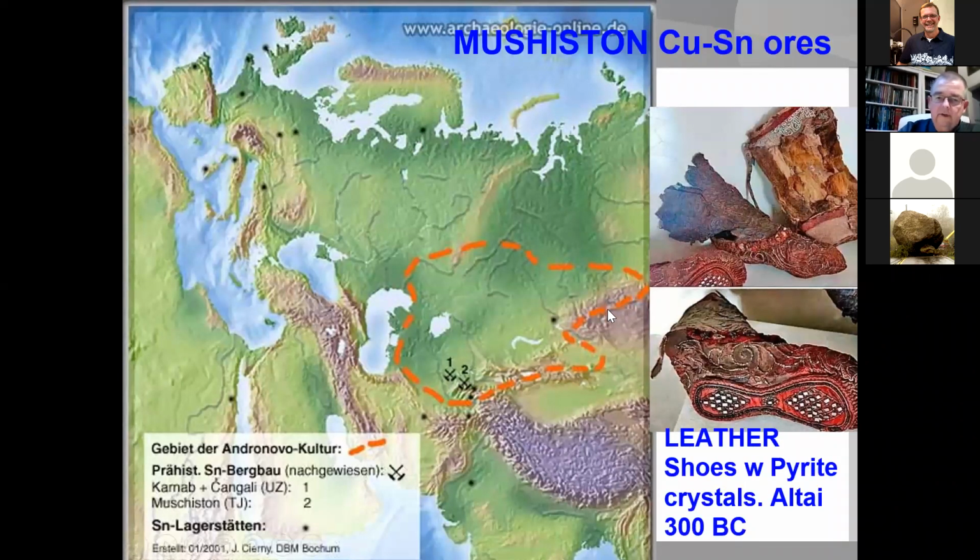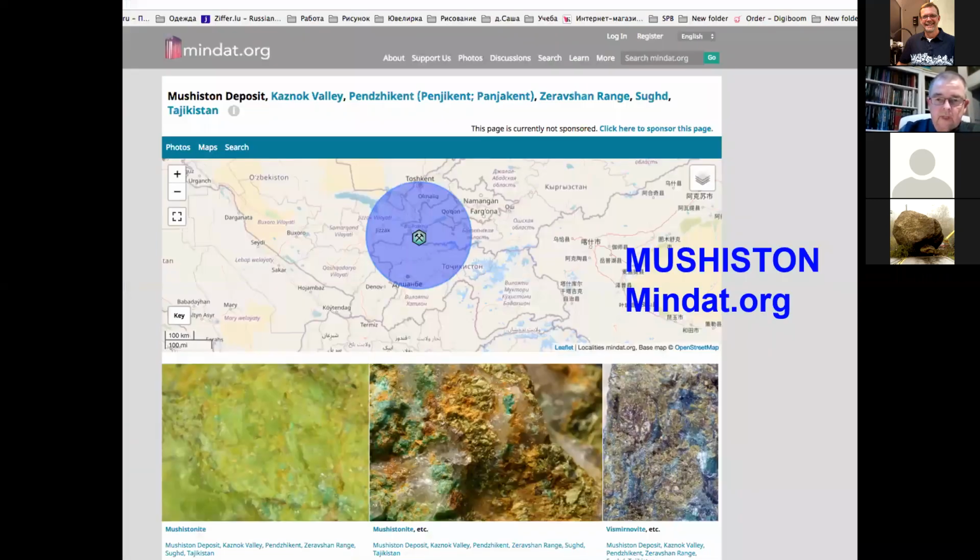Over here, it's not the same region, but what I found interesting, I saw recently, is leather shoes where they used pyrite crystals at the sole, sewed in to make them less slippery. They're 2,300 years old. Now, Mushistan, you can look that up on Mindat if you like, and there's quite a lot, but if you melt many of the ores there, in fact, you will get bronze.